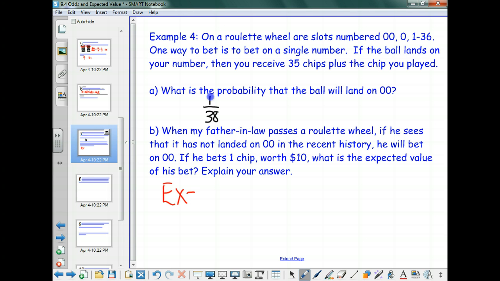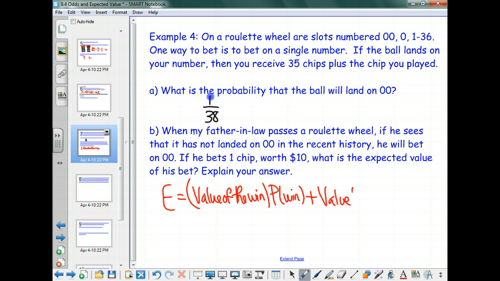Expected value, E, is the value of the win times the probability that you win, plus the value that you lose times the probability you lose.